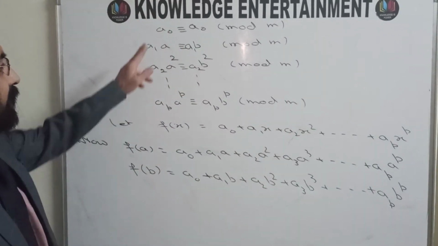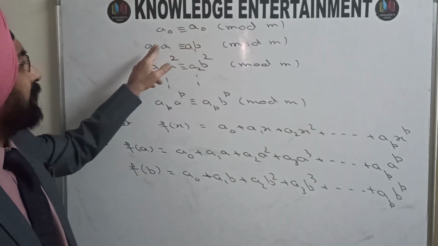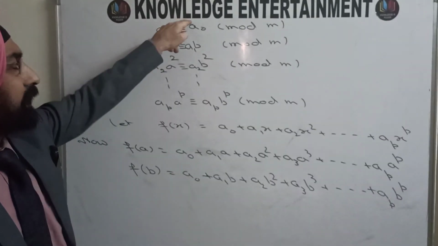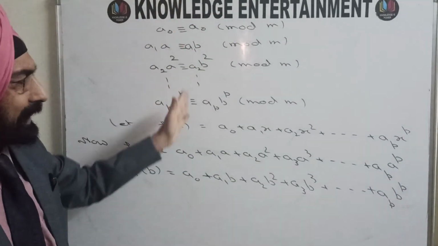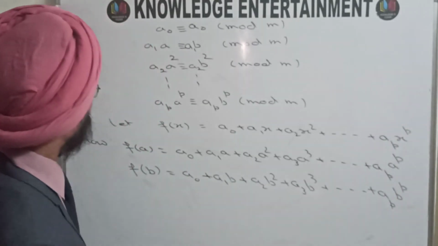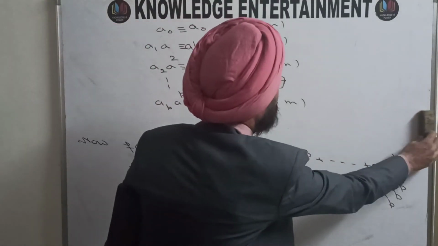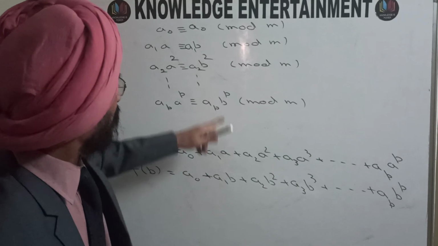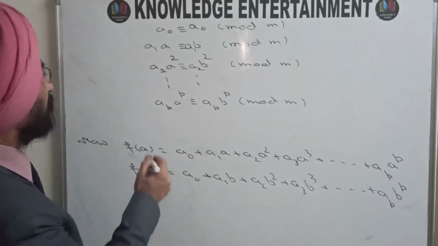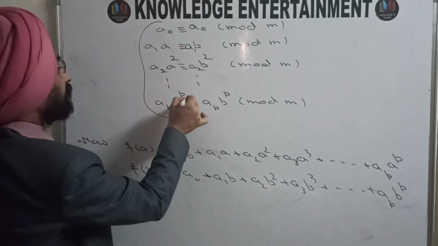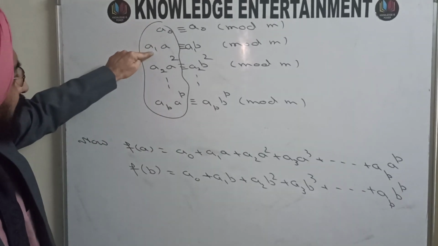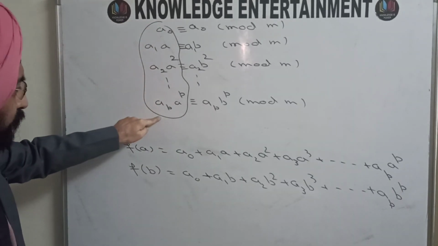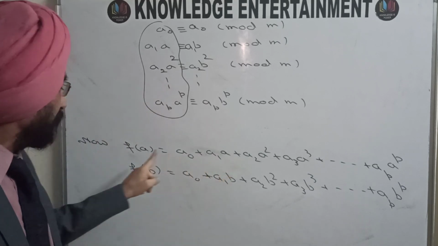And we know that if A is congruent to B and C is congruent to D, then their sum is also congruent modulo M. So adding all these congruences, what you are going to get? When you add these, a0 plus a1A plus a2 A square and so on plus ap A power p, you will get nothing but f(a).